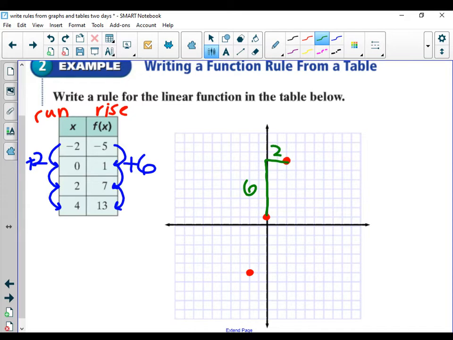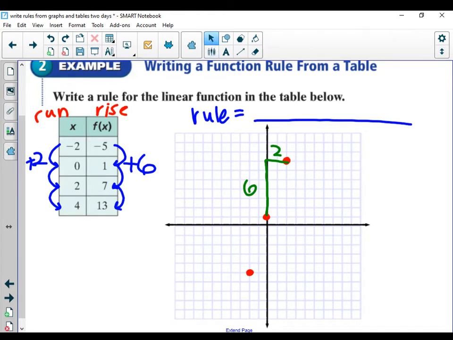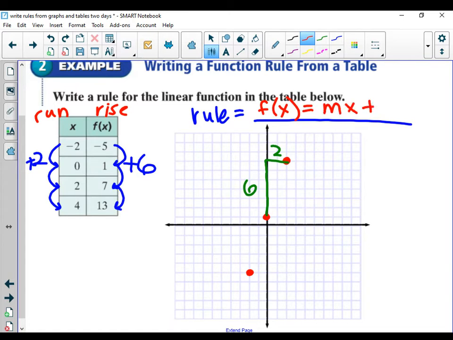So I can skip the part about graphing. Do you see how you didn't even have a graph? I can skip that if I just look for this pattern every time. So my rule, f of x equals mx plus b. M hops out.